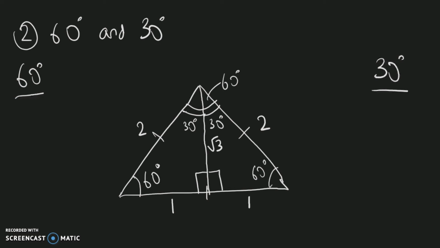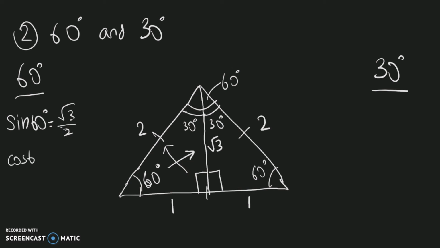For 60 degrees we can use either angle, since the measurements and ratios are the same. The sine of 60 degrees: the opposite is the square root of 3, and the hypotenuse of this triangle is 2, so it becomes the square root of 3 over 2.